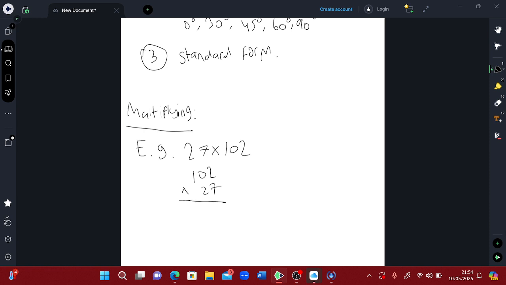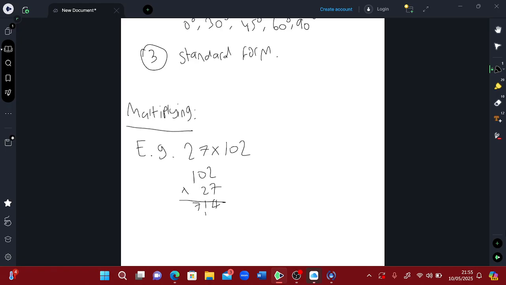Then for the first digit, multiply it by each digit up here. So 7 times 2 is 14. And then, like with addition, carry the 1. 7 times 0 is 0, add the 1. And 7 times 1 is 7.